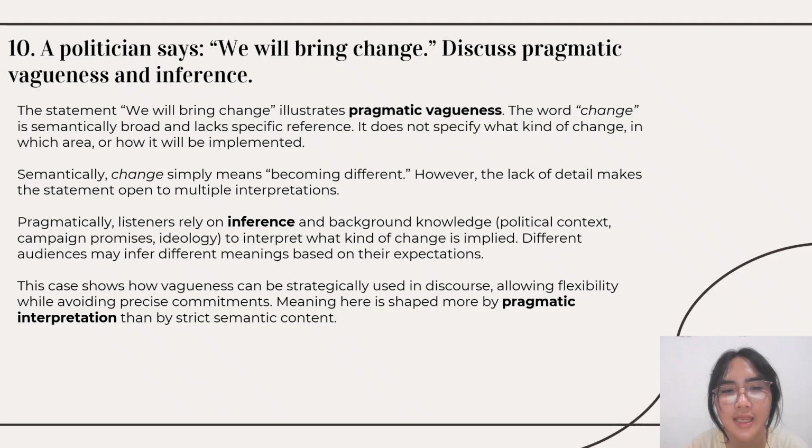Different audiences may infer different meanings based on their expectations. This case shows how vagueness can be strategically used in discourse, allowing flexibility while avoiding precise commitments. Meaning here is shaped more by pragmatic interpretation than by strict semantic content.